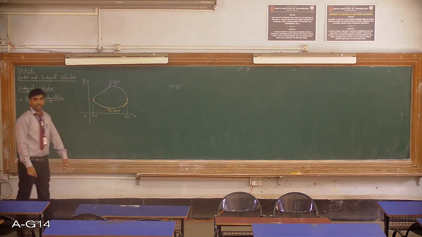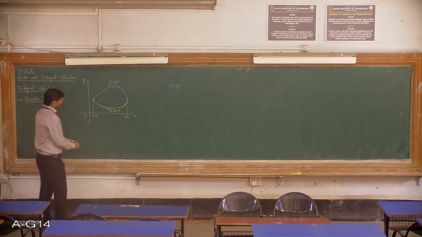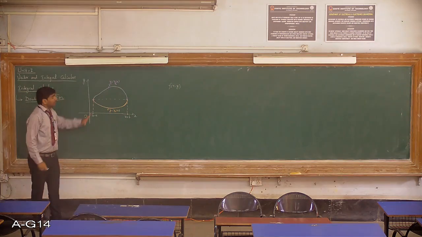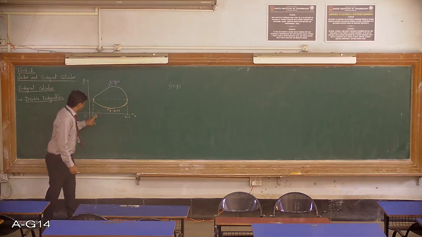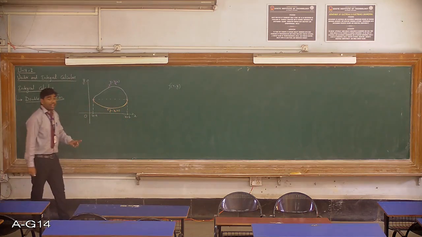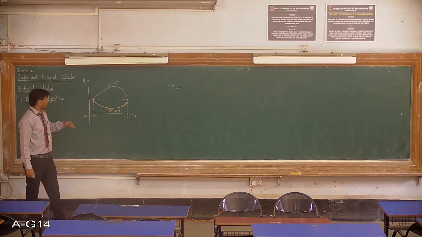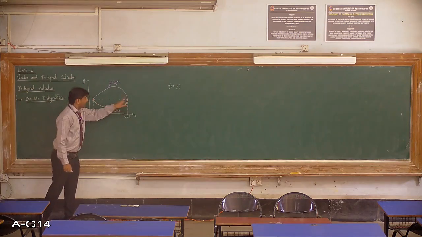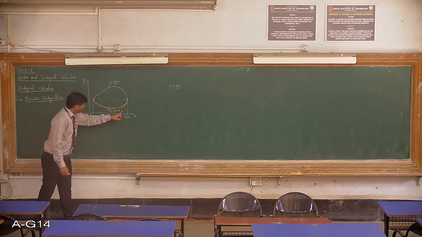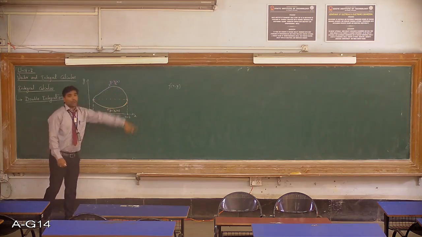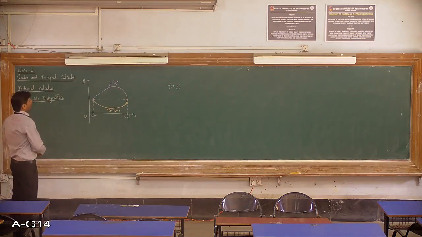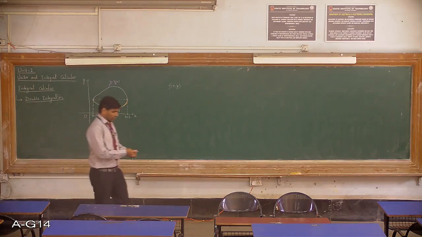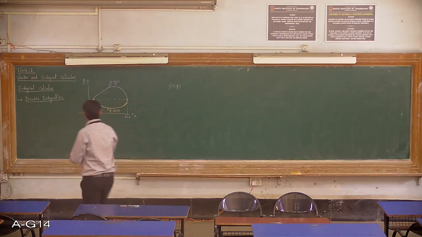Now we can see, guys, we have allocated the limits along the x-axis, that is from x equals A to x equals B, and we have also allocated the limits along the y-axis, from y equals y1 of x to y equals y2 of x. Then how can one write the definition of double integration?